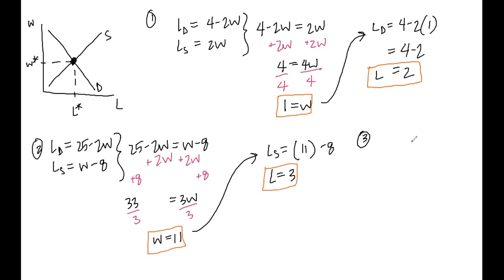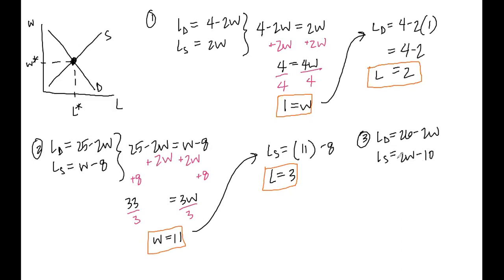So number 3, they gave us a labor demand of 26 minus 2W. And they also gave us labor supply, which is 2W minus 10.